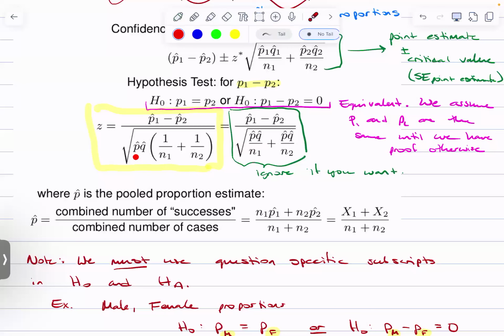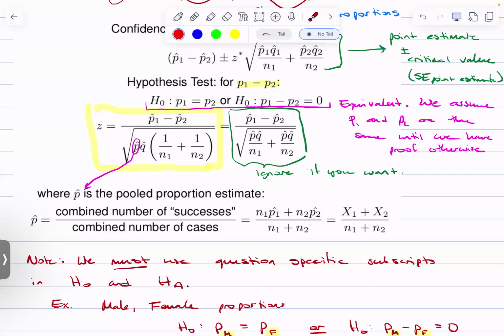And I know what you're thinking. Hold up, Emily. You said P1 hat, P2 hat. We have sample proportions from each group, but then all of a sudden we have a P hat. The heck? Well, I have it on the formula sheet, where P hat is the pooled proportion estimate.